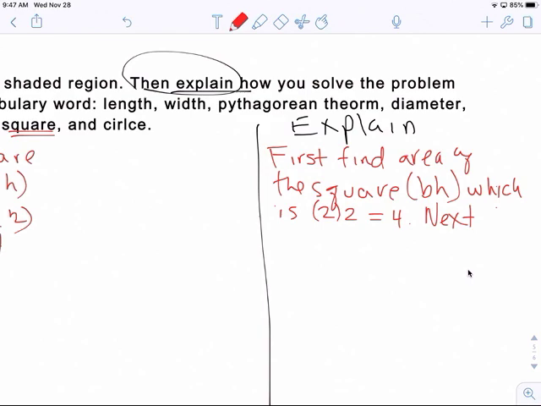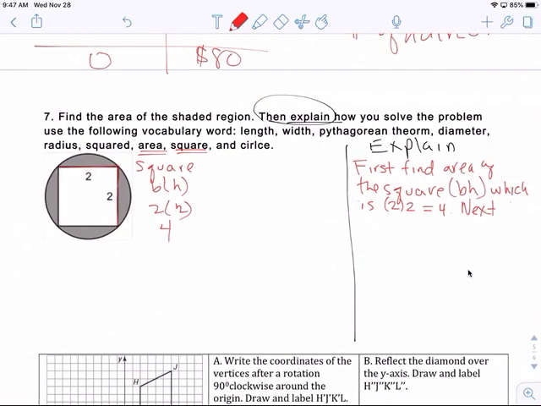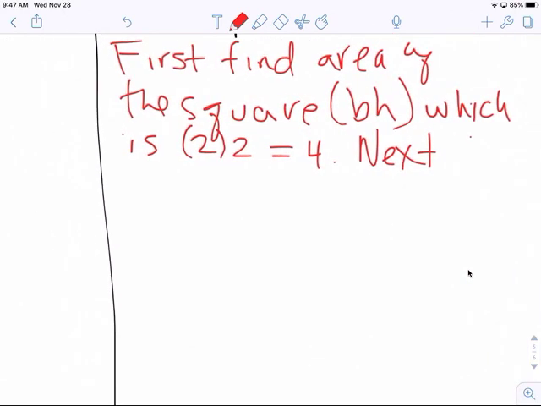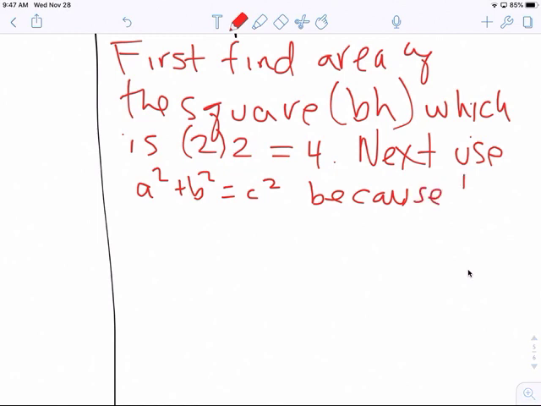Next, use the Pythagorean theorem, a squared plus b squared equals c squared, because the diameter is missing, because there's no radius.